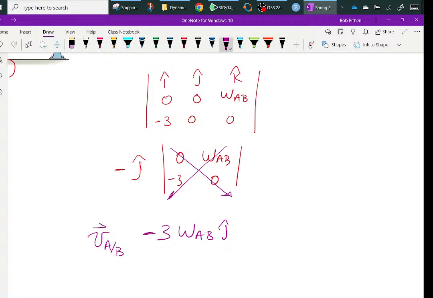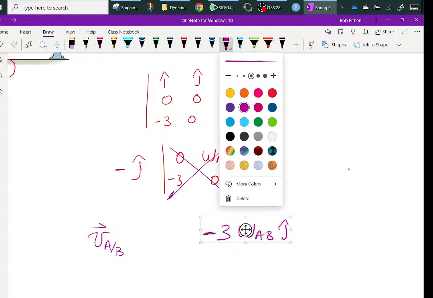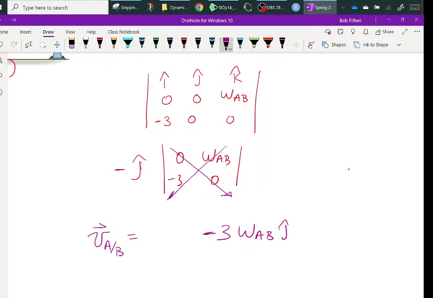The X component, here, I'll write it out completely so that there's no question about this. So here, I'll move this over to the right. We'll use my purple pen and say equals 0I -3 minus this, plus 0K.